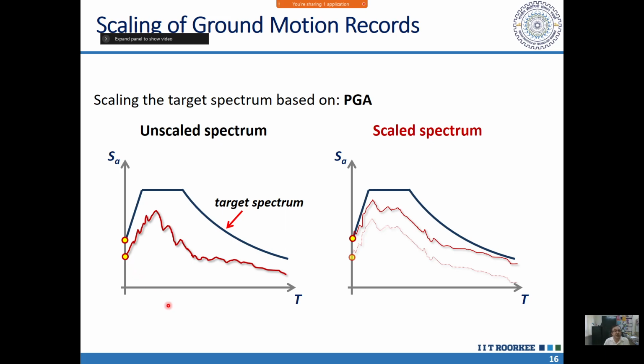One possibility is that I scale it by PGA or EPGA, to be more precise, what we are getting at the 0 period. So if I take that 0 period value which is there in my target spectrum, and I scale the ground motion with that, then we can see that it is not necessary that the whole of the response spectrum will match.